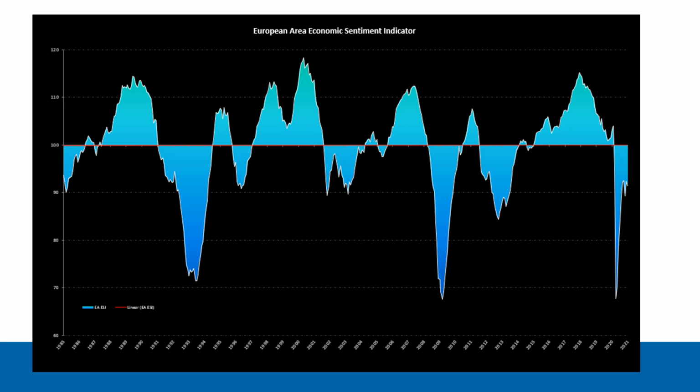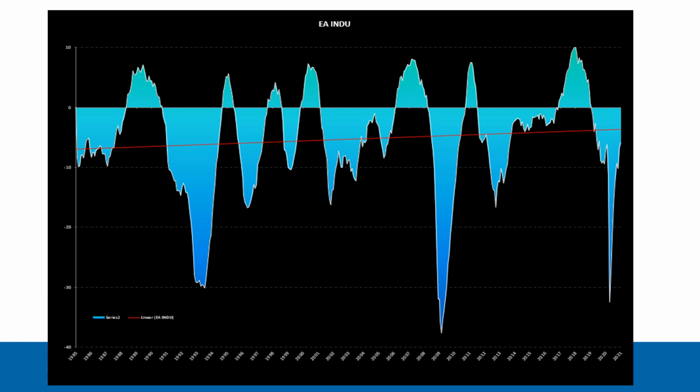Now, for each of our subcomponents, we can look at their contribution or what they were doing at the time in certain periods of economic cycles and their contribution to the composite index. So if we look at the industrial confidence index here, which is one of the subcomponents, remember it's 40% weighting. This is the equivalent to a manufacturing PMI.